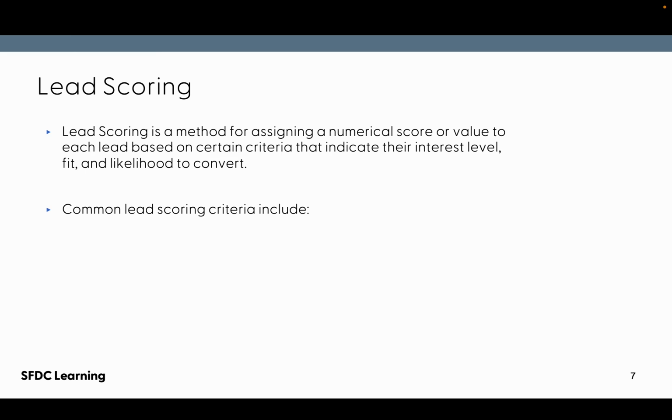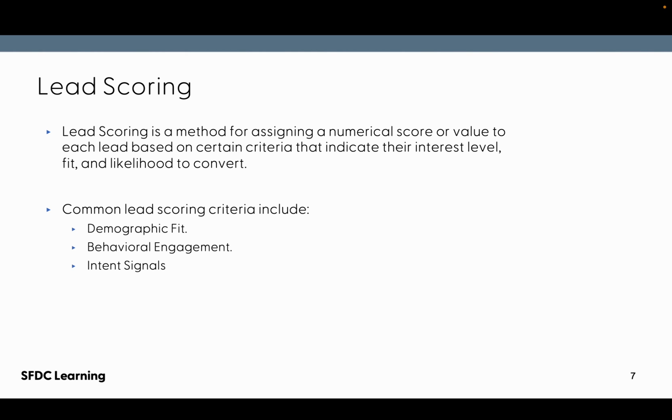Common lead scoring criteria include demographic fit. Let's say we are selling demographic-specific products, then the people or companies from that demography will be a better fit for us, right? Then behavioral engagement, whether they are able to engage behaviorally or not, right?